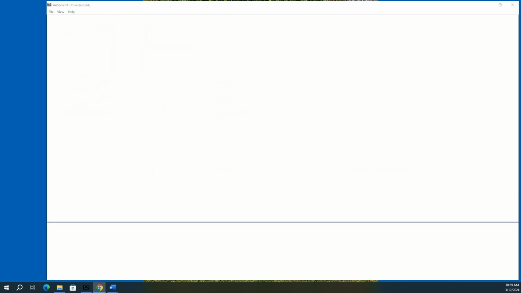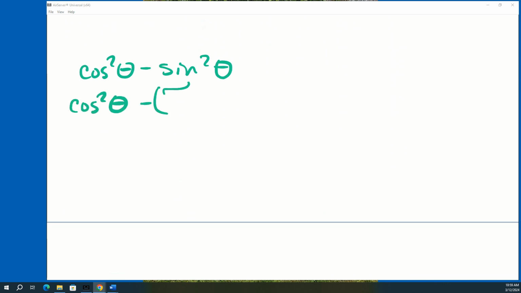All right, so we're going to go back to that cosine squared of theta minus sine squared of theta. And this time, we're going to change sine squared of theta to something using that same Pythagorean identity.